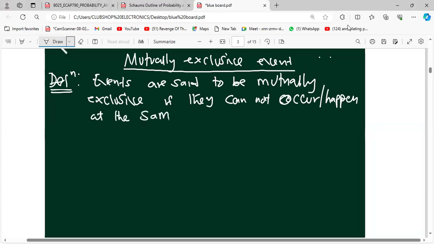Such events are mutually exclusive, right? In other words, the intersection set is empty. That's what we are saying.